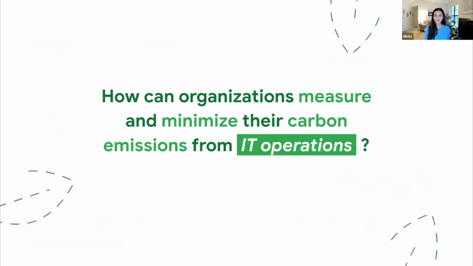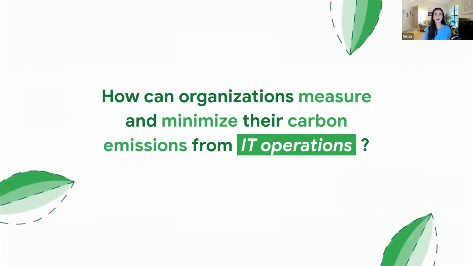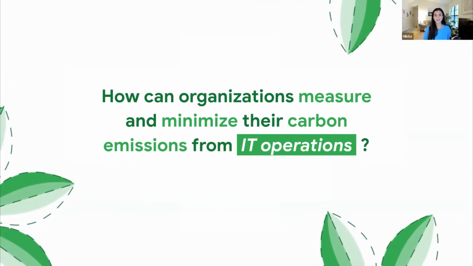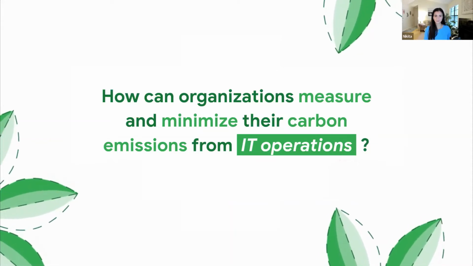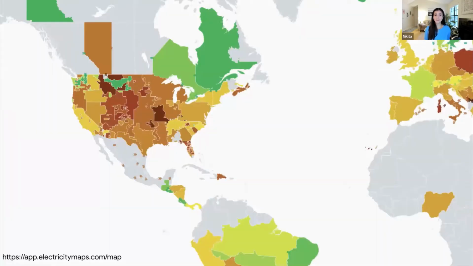So with all that context, the question arises, how can you measure and minimize your carbon emissions from your IT operations? For starters, it's really helpful to understand where your electricity comes from. I think it's very easy to be kind of distanced or displaced from this idea of what is the source of the electricity that we're using? But like I mentioned earlier, the carbon emissions really will differ based on the time of day and also based on your location.